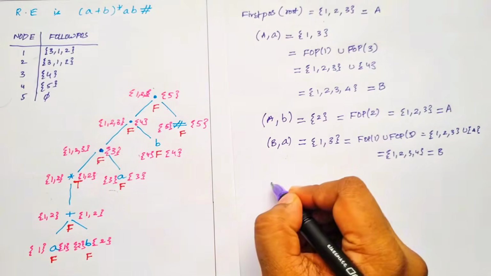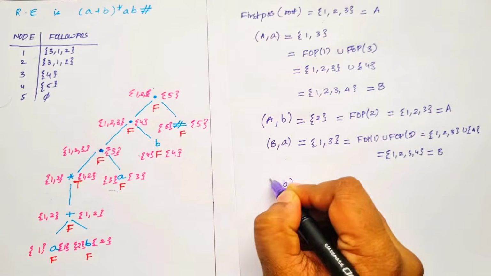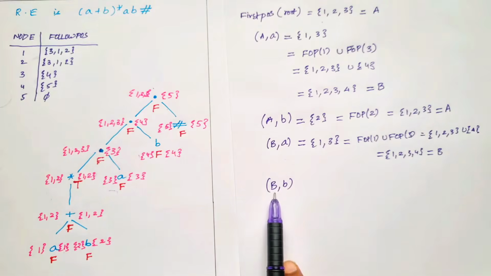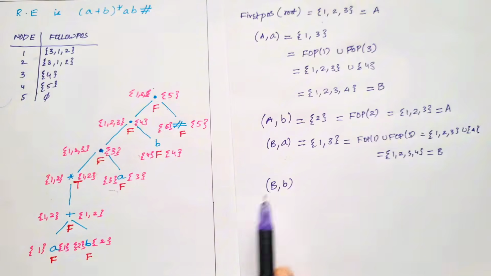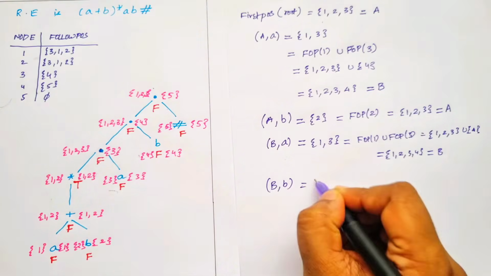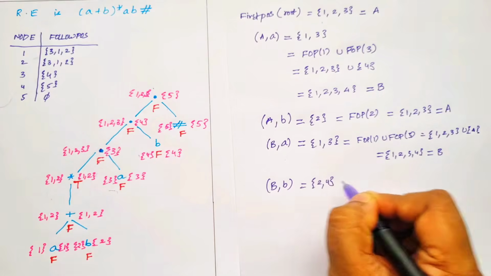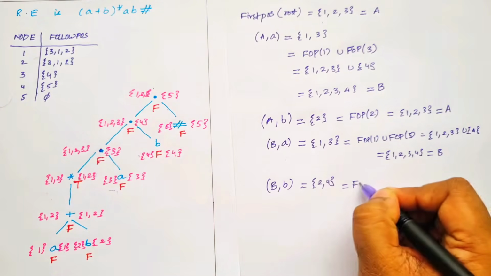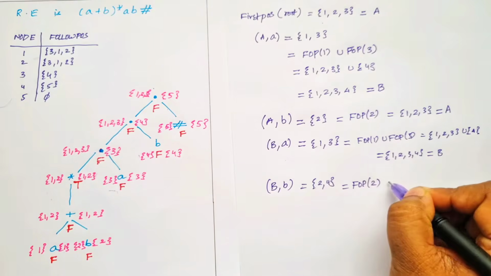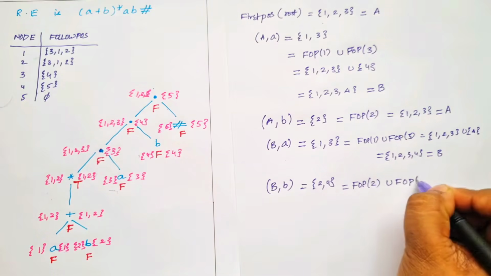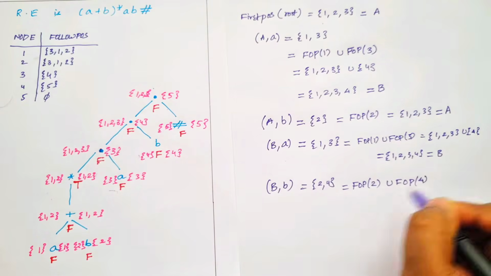Now B on small b. What is B? Again 1, 2, 3, 4. In the 1, 2, 3, 4 positions, where is b present? b is present in position 2 and also position 4. Now follow position of 2 union follow position of 4. What will I get?